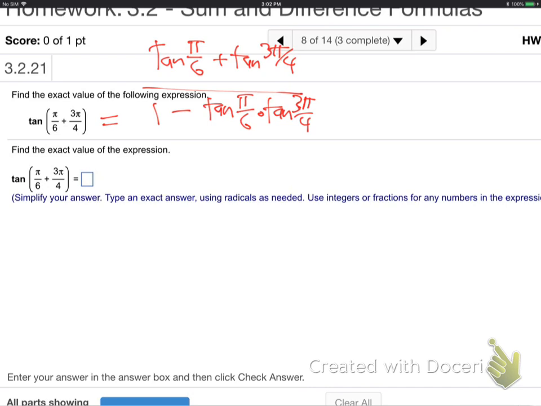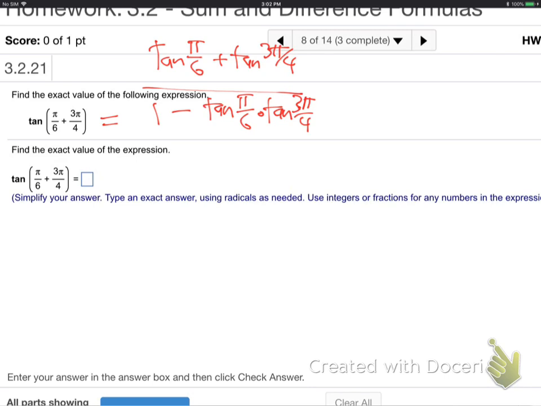So I just follow the pattern. This is all about how you add or subtract 2 angles in one sine, cosine, or tangent. For tangent, what you do is that big old formula.